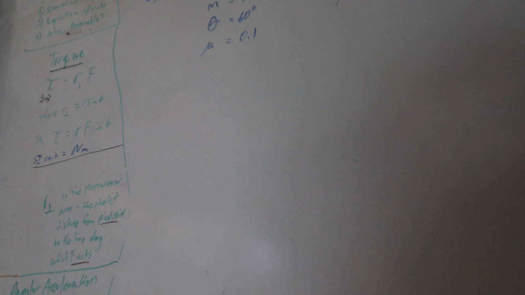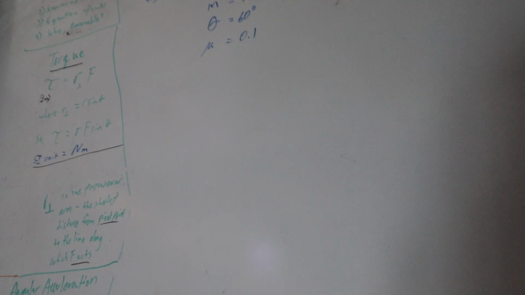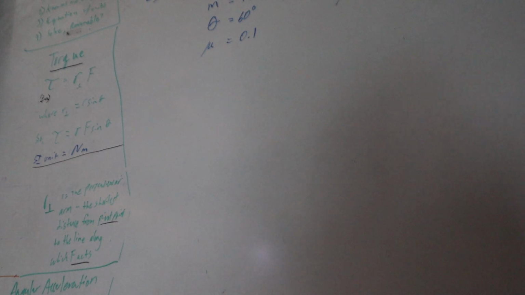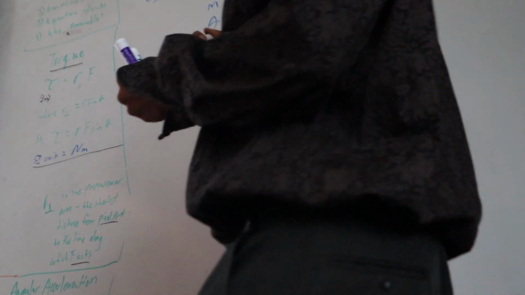Guess I could put one joule, 1 Newton meter, which is equal to kilogram meter squared per second squared. And then might as well put the other ones. Kinetic energy.